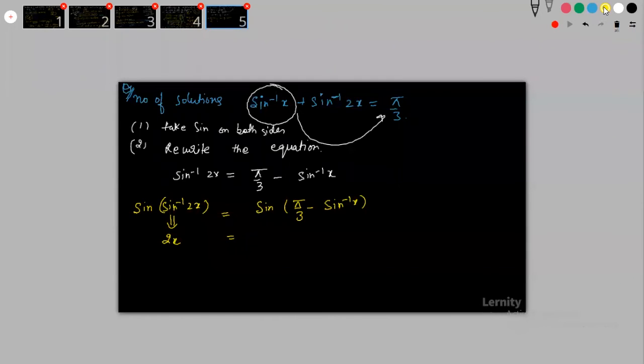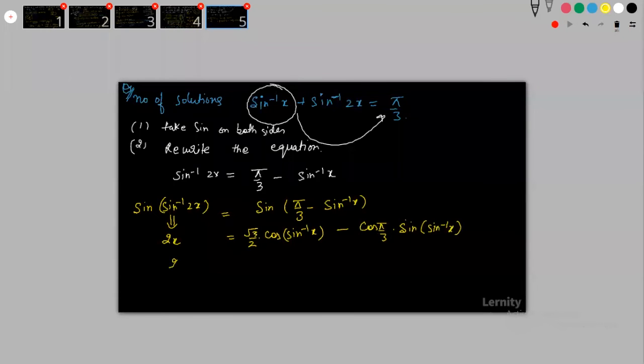So this will become sine theta into cos theta: sine of pi by 3, so root 3 by 2 into cos of sine inverse x, minus cos theta, cos of pi by 3, into sine of sine inverse x, right?